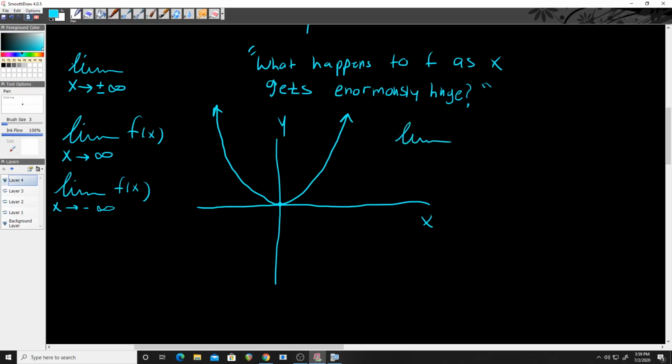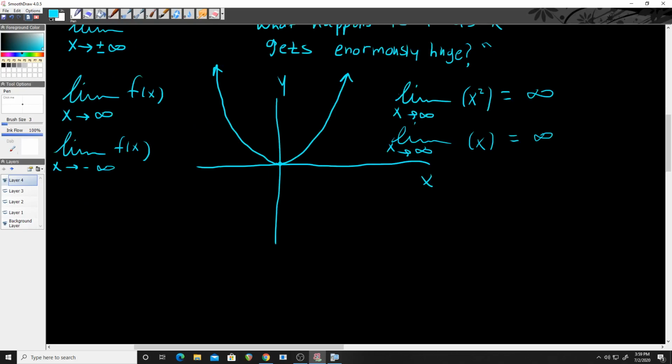So the limit as x approaches infinity of x squared is infinity. As you square numbers, they just get bigger. The same is true for just regular x: as x goes to infinity, x goes to infinity.